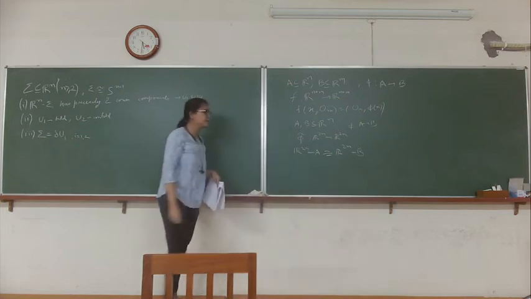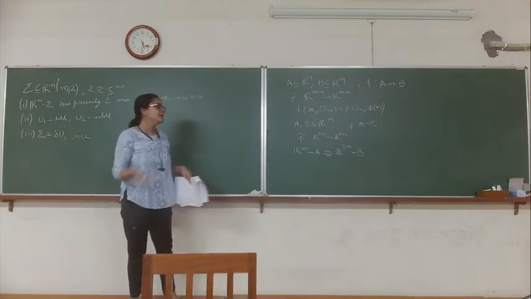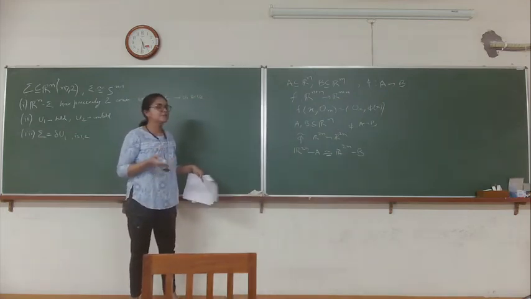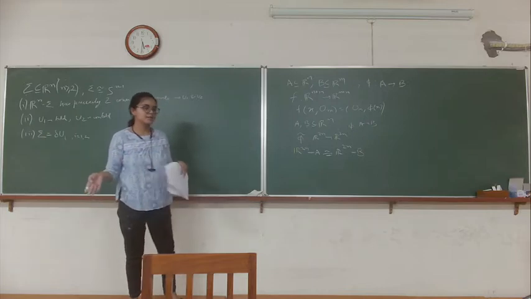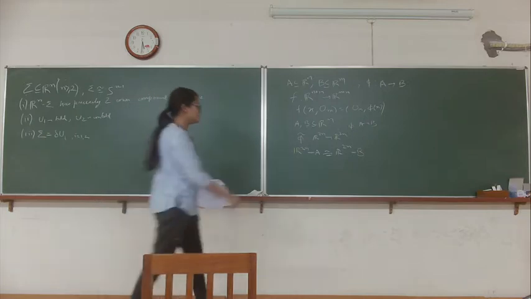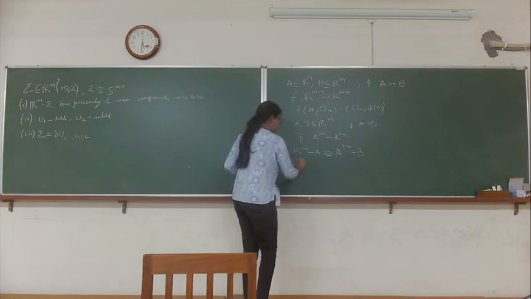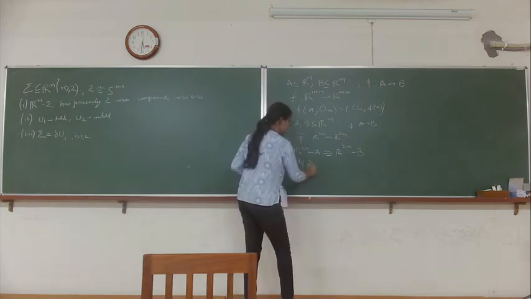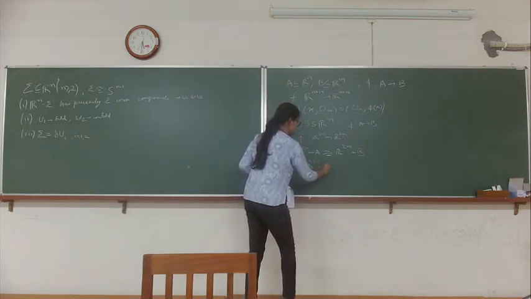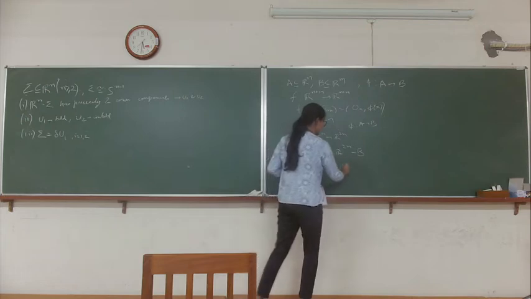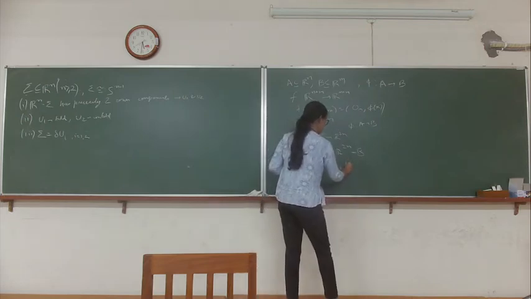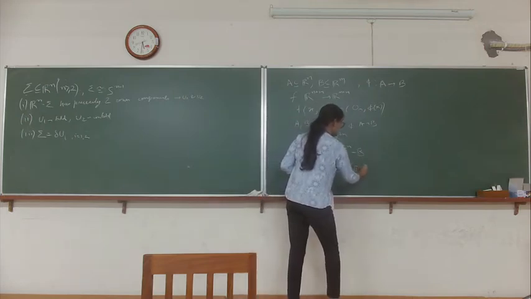And since de Rham cohomology is a functor, and functors take equivalences to equivalences from one category to another, we have the de Rham cohomology of R^2n minus A isomorphic to the de Rham cohomology of R^2n minus B.